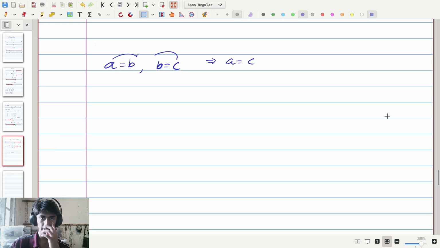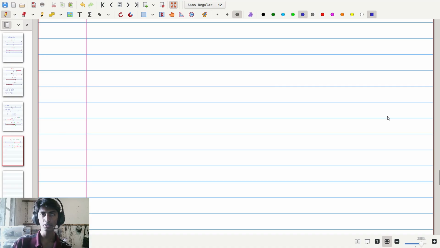Similar to this, there's another thing in inequalities that also follows a similar pattern, but you must notice the key distinction between inequalities and the equal sign. We have that if A is greater than B and B is greater than C, this implies that A is greater than C. This is alright.